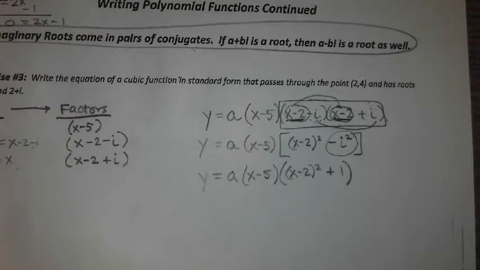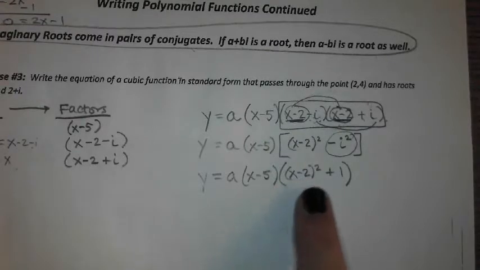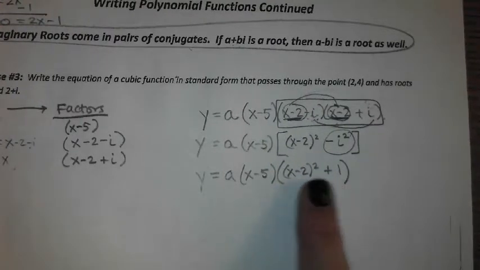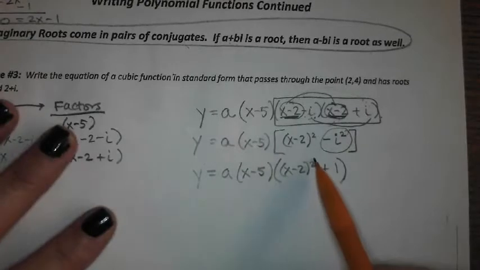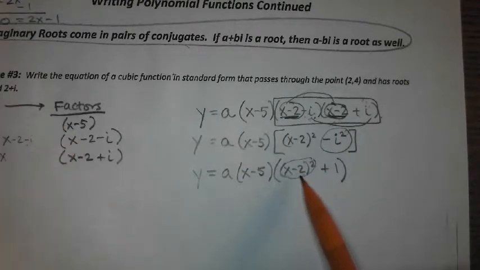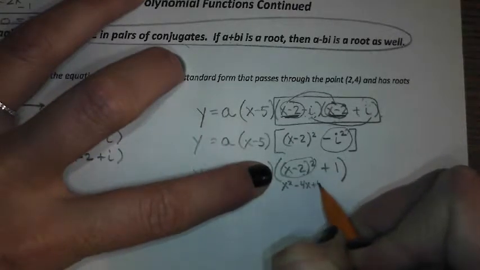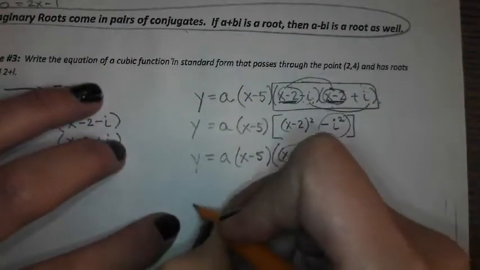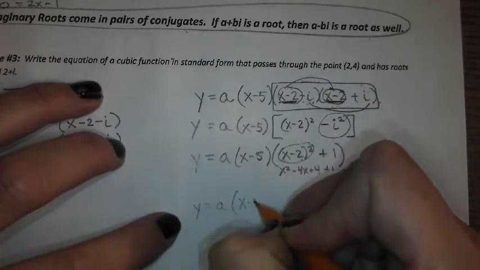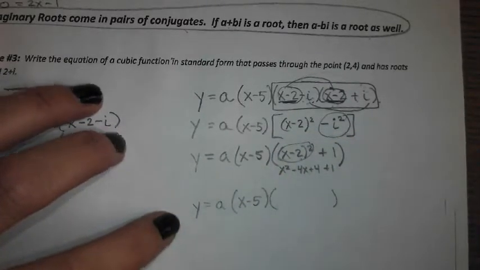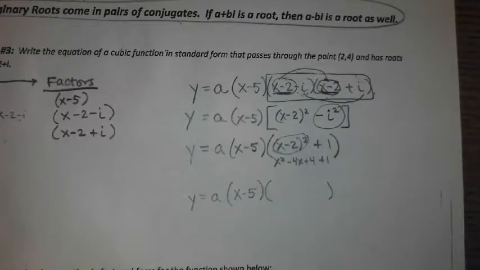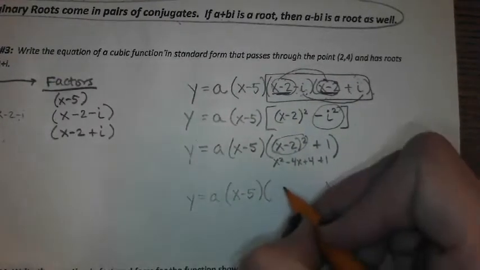Now that those i's are gone, I can choose to plug in my point and find a. Okay? But actually, even before that, this needs to be cleaned up. Right? I should actually square this out, which again, this is kind of the squaring of a binomial that I want you to be able to do in your head. That's x squared minus 4x plus 4 plus 1. So this whole next factor is really going to turn into a trinomial. x squared minus 4x plus 5.